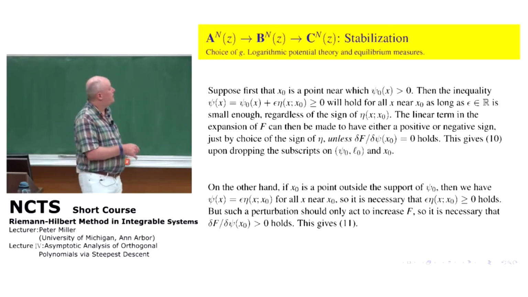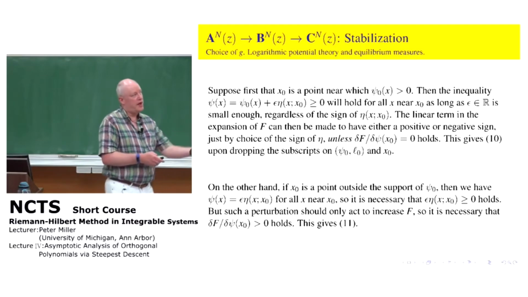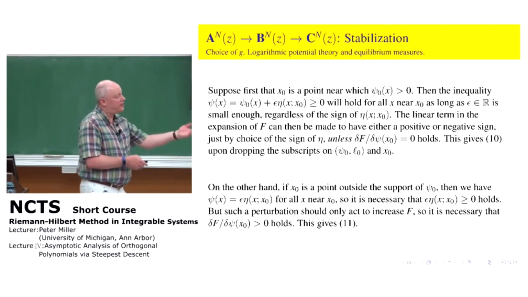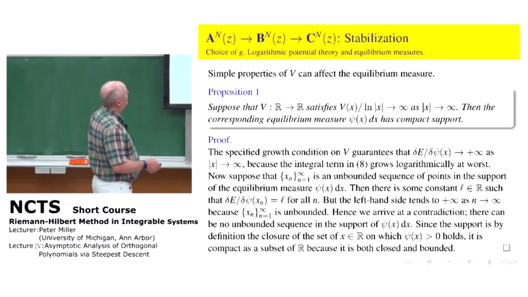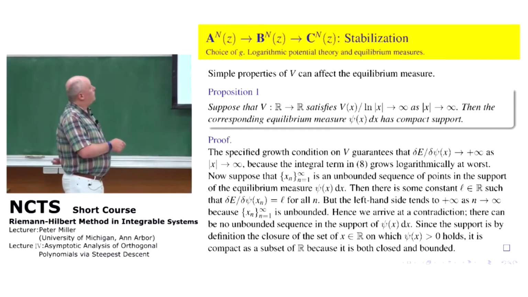That's got to be true. But such a perturbation can only act to increase the functional f, so it's necessary that this inequality holds true. And this is the other condition, the one with the strict inequality. That's the condition that holds outside the support. Okay, so the variational conditions just come from assuming you have a minimizer and considering the fluctuations nearby. That gives you those variational conditions. Okay, so we'll use those.